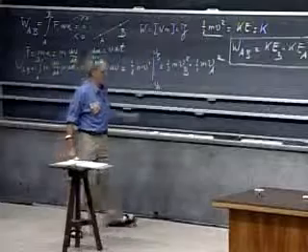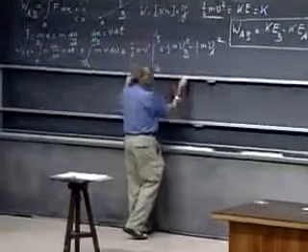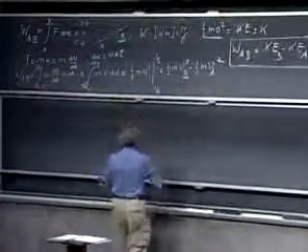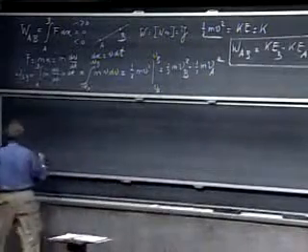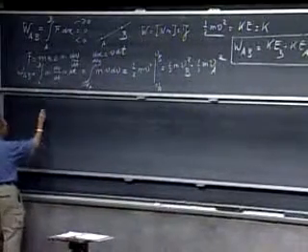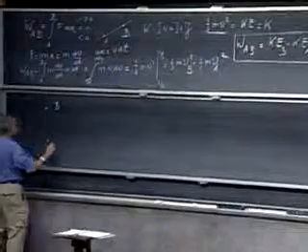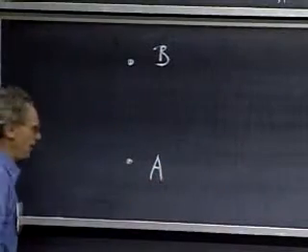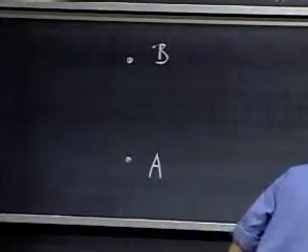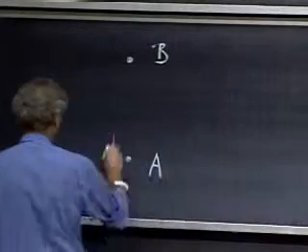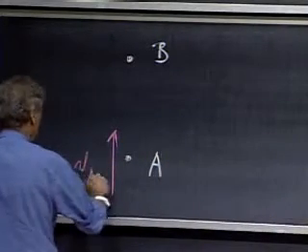Let's do a simple example. Applying this work energy theorem, I have an object that I want to move from A to B. I let gravity do that. I give it a velocity. Here is the velocity vA.